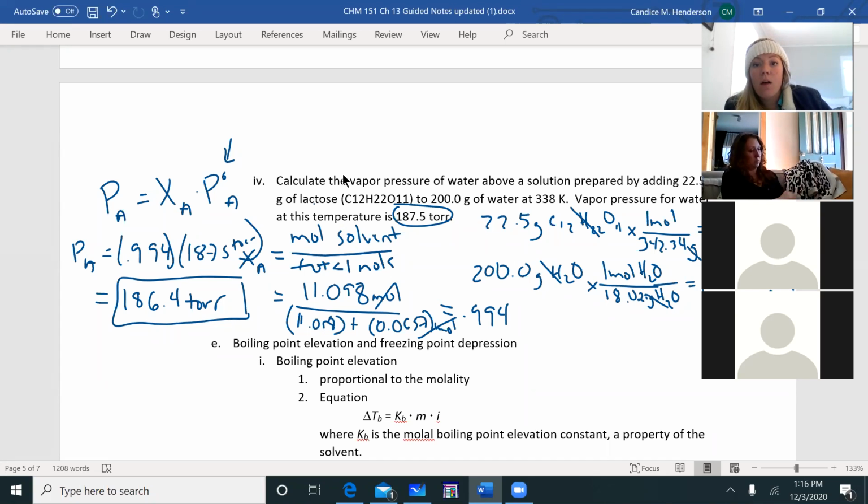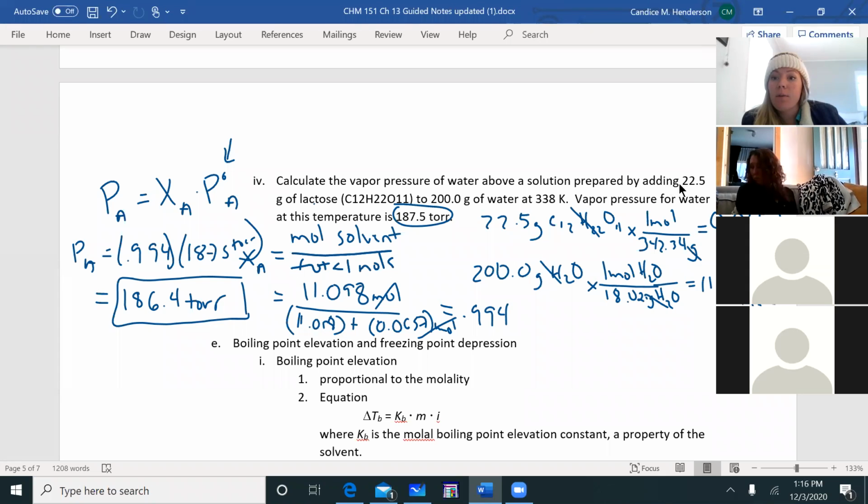I want you to solve this exact same problem, but I'm going to shift it. Instead of saying that we have 22.5 grams of lactose, let's really add it up. Let's say we add 78.3 grams of lactose, C12H22O11.